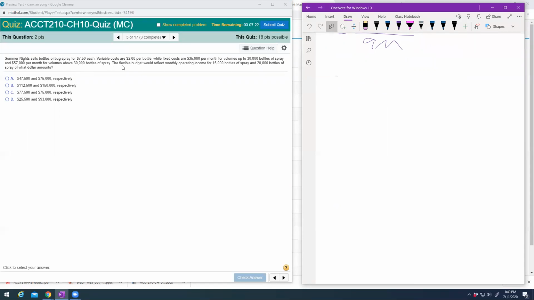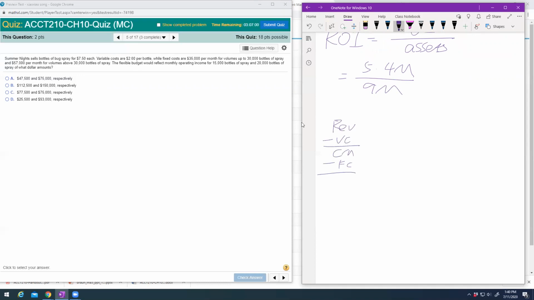Sorry about this. It's asking you about the flexible budget operating income. Operating income is your revenue minus variable cost, which gives contribution margin, minus fixed cost. Flexible budget is based on your actual number.